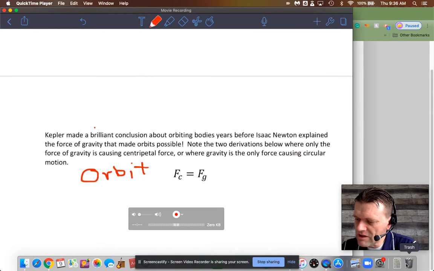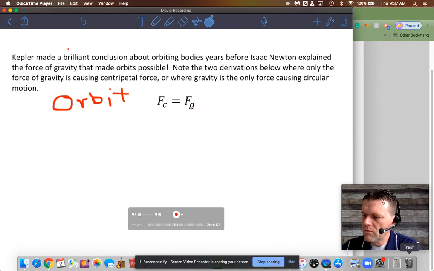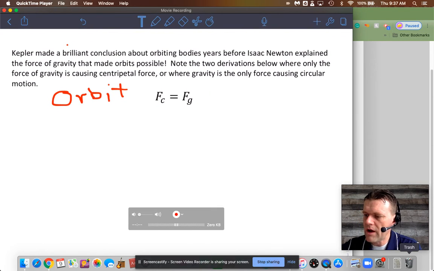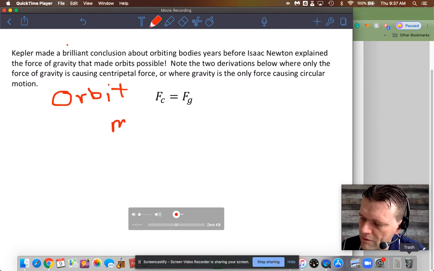So this is where we start right here. We say that Fc is equal to Fg. And what we're going to do here is show you how to get Kepler's constant from this. There's one way to do it, and that is to use the centripetal force formula that you've learned before.